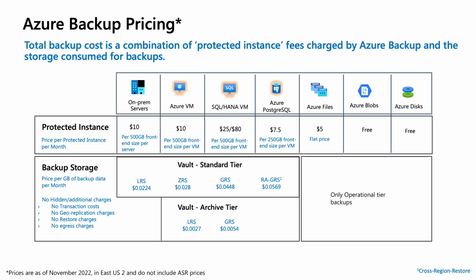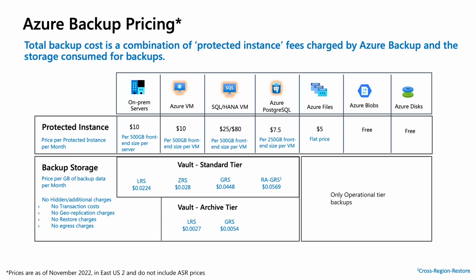Azure Backup pricing has two components, the protected instance price and the backup storage price. Let's look at these components more closely. Protected instance price is like the management fee to enable and manage discovery, configuration, protection, policy, and movement of data in a secure manner and more. Definition of an instance varies across workloads, and further details can be found on the pricing page.